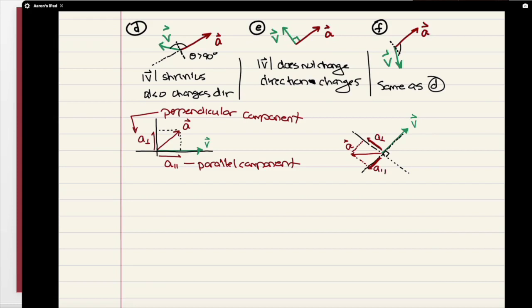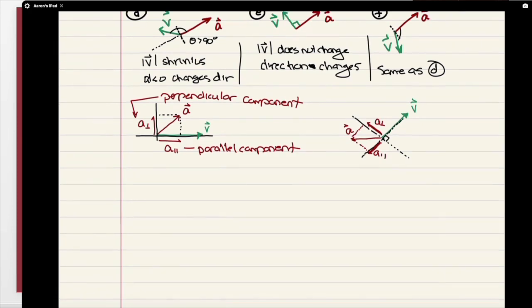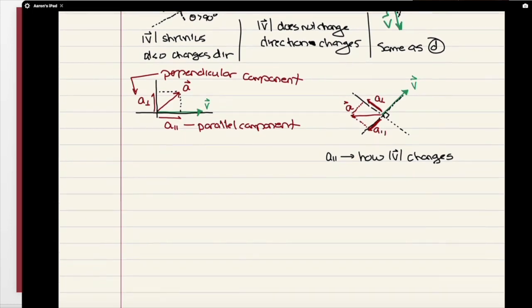And the main takeaway here is that A parallel is telling you how the magnitude changes. A perpendicular is telling you how the direction of V changes.